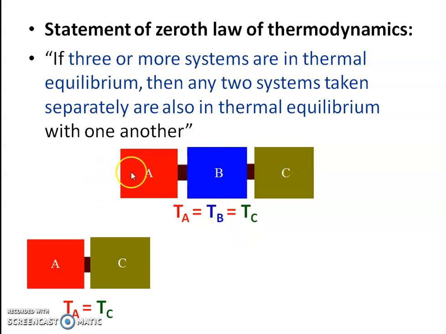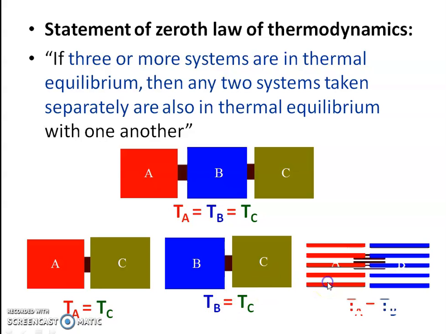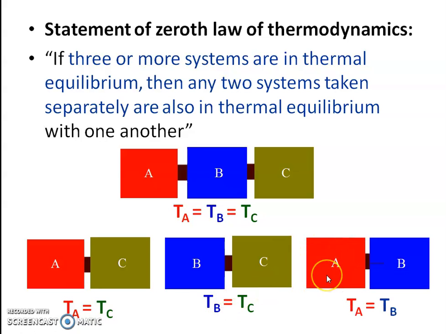It means if these three systems are in thermal equilibrium, we say that system A is also in thermal equilibrium with C, that is TA is equal to TC, or system B is in thermal equilibrium with C, that is TB is equal to TC, or system A is in thermal equilibrium with B, that is TA is equal to TB.